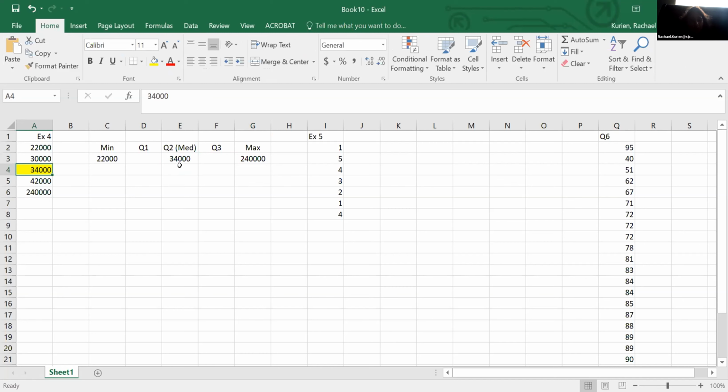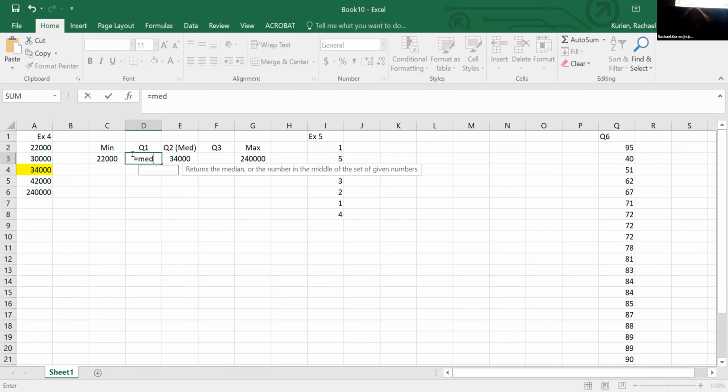So with quartile 1 and quartile 3, remember those separate the top portion and the bottom portion. So that's how we're going to do it. We're going to highlight the top portion and find the median, and then we'll find the median for the bottom portion. So you can think of quartiles like quarters. You're breaking it up into 4 parts.